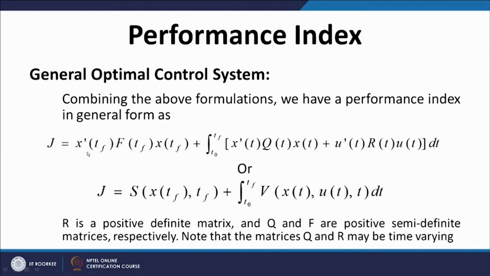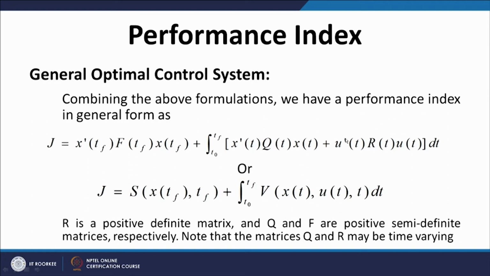I can represent my performance index as J equal to x prime F x plus integral from 0 to t f of x prime Q x plus u prime R u. The first term represents the terminal cost. When t equal to t f, I am trying to minimize my error. So, this gives me the terminal cost, and in an interval from t0 to tf, I am trying to minimize the integral of the square error, as well as the control efforts.